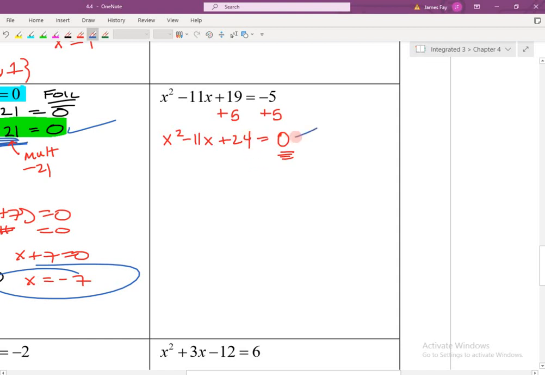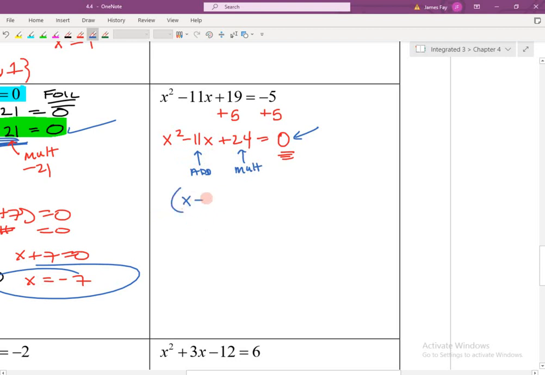If I don't change that from negative 5, there's an infinite number of ways of multiplying numbers together to get negative 5. But what can I do? I'm looking for two numbers that multiply together to give me 24 and add to give me negative 11. Does anybody know those two numbers?